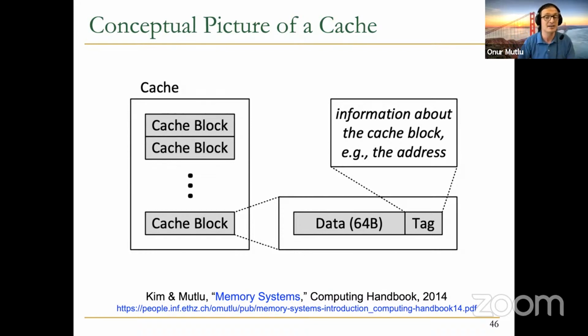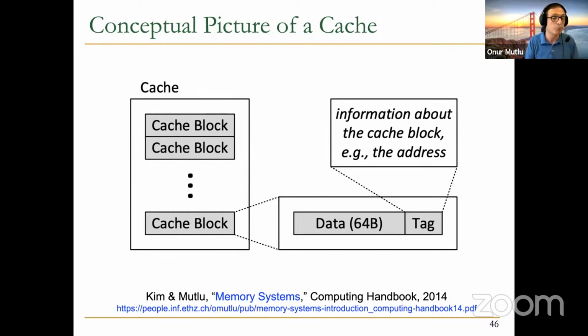You may actually have some other bits that help you with the decision of which cache block you want to evict from the cache. What do you keep in the cache? What do you insert into the cache? You may actually have some more bits of metadata. So tag is essentially some metadata that describes the block. There has to be a valid bit.